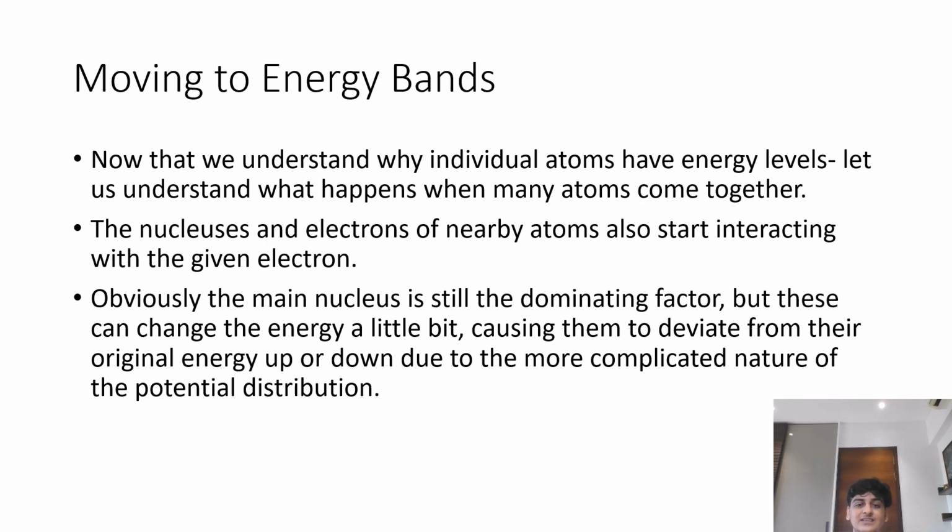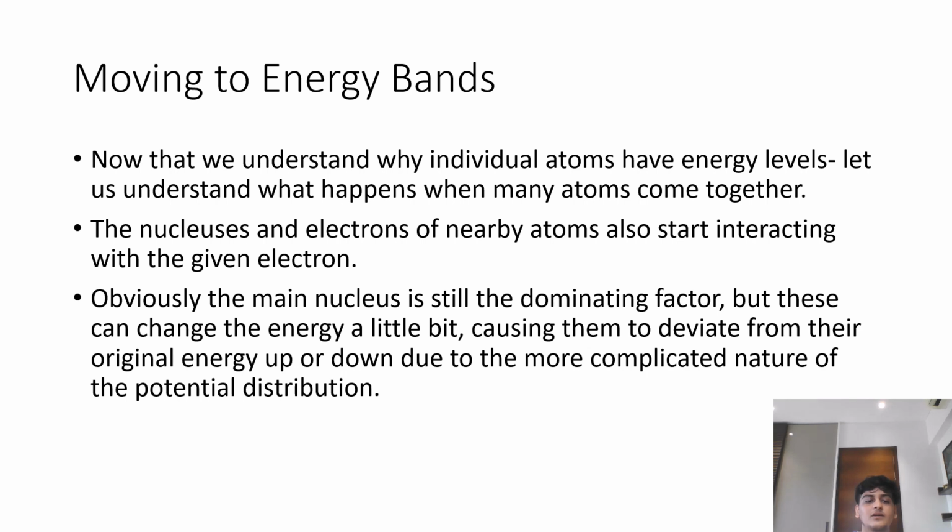Obviously, the main nucleus that the electron is bound to still is the dominating factor, but these other nuclei and electrons also have some interaction energy due to the electrical attraction or repulsion forces that they apply on each other. What this means is that since the main nucleus is still the dominating factor, the energy does not change that much, but these interactions can change the energy a little bit, causing them to deviate from their original energy up or down.